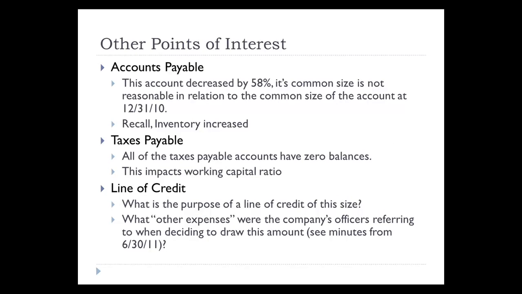Some other points of interest: I pointed out that accounts payable decreased by 58% in the common size. This is just not reasonable when you consider that inventory increased compared to last year.